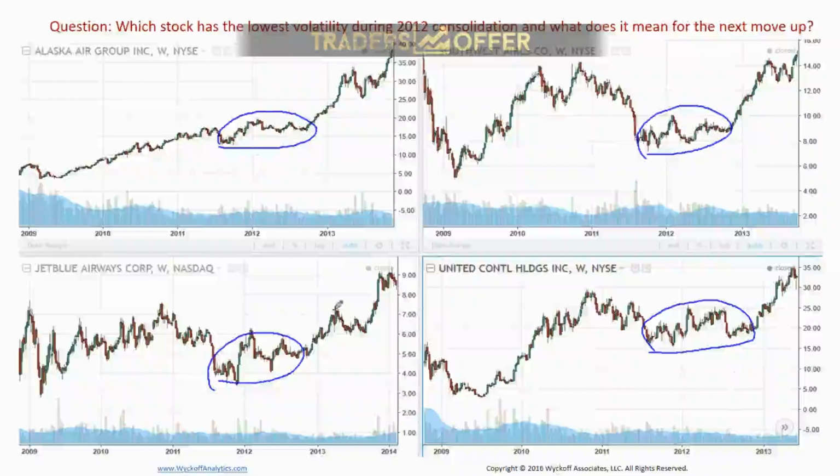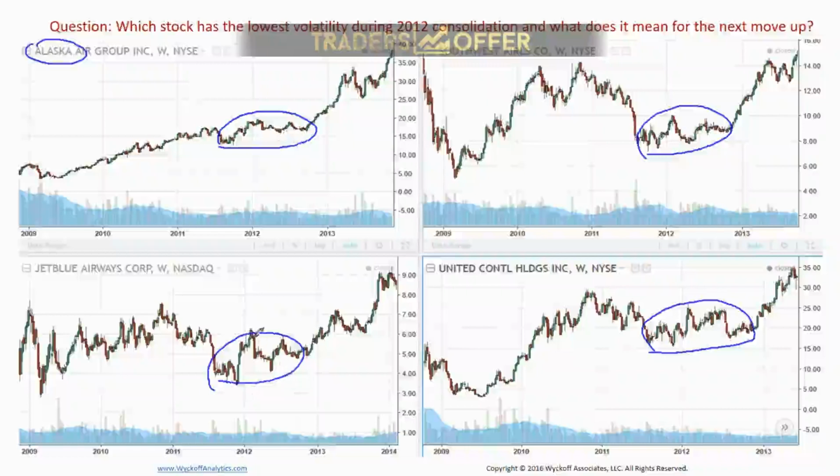So the majority of you have said that the volatility is extremely low with Alaska. And I would agree on that. I think it's the lowest volatility that we see among all of the four peers. And you might be thinking of volatility in different terms, right? You might be thinking, well, how does the price look here? How does it move during the trading range?